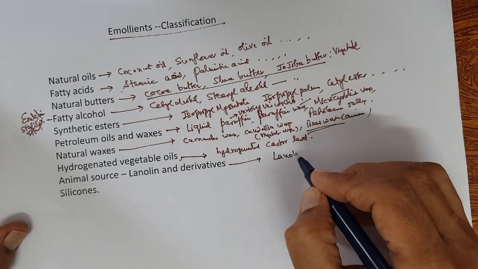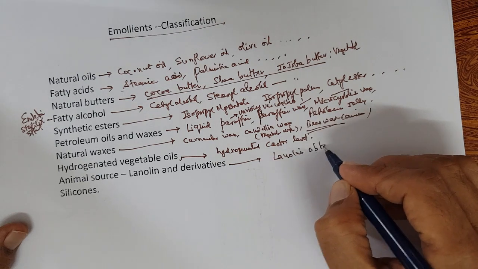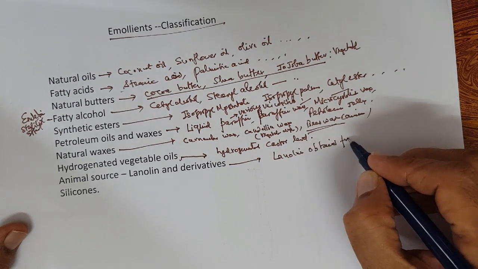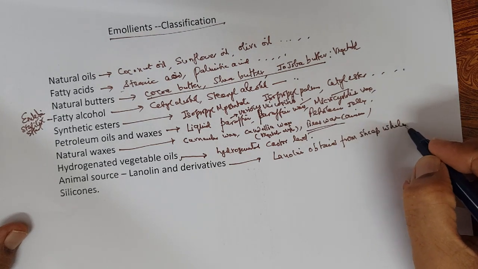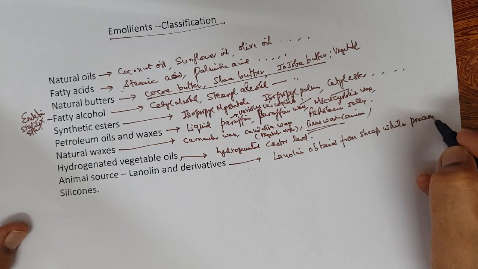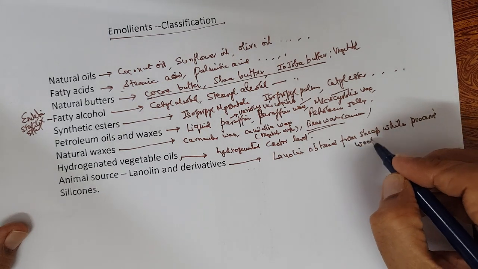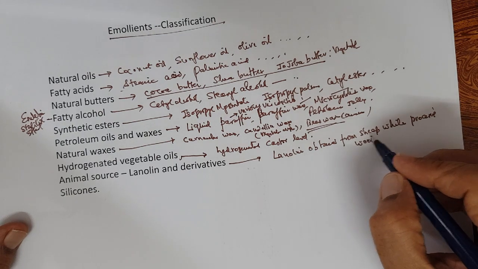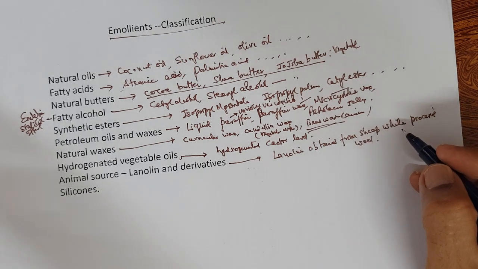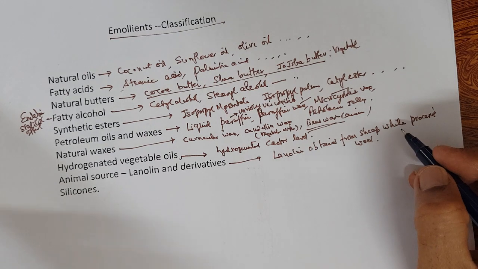Lanolin is obtained from sheep while processing wool. The sheep is not killed; it's while they take out the wool.